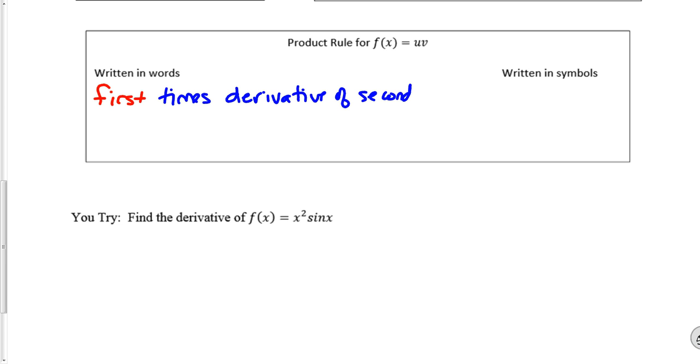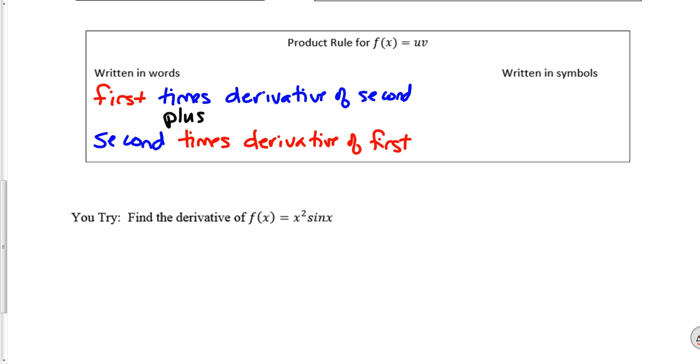And then I'm going to add that, so plus the second, and I'm going to multiply that times the derivative of the first.